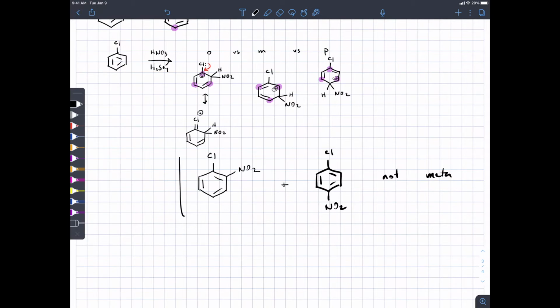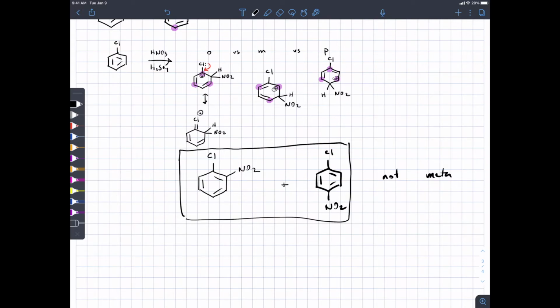Now, in actuality, when you run this reaction, are you going to form ortho and para in equal amounts? Probably not. You've got a couple of things going on here. First, there's 2 ortho carbons. There's only 1 para carbon. So statistically, you might favor ortho, but sterics should favor para versus ortho. And it's sort of a case-by-case basis.